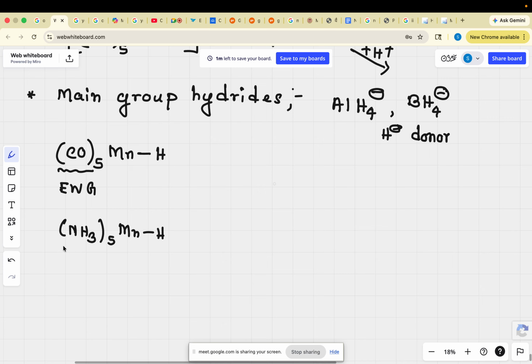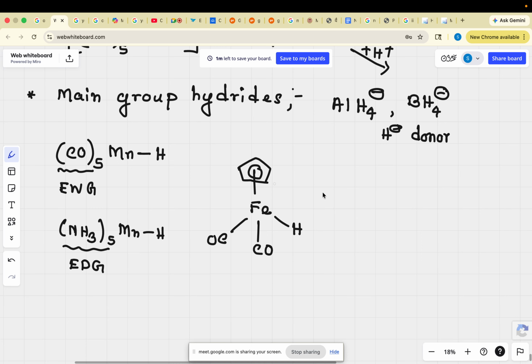That time an electron donating ligand is attached to the metal center. So both are possible. One example I am doing: you have cyclopentadiene, then you have your iron, two carbonyls here and one hydrogen.